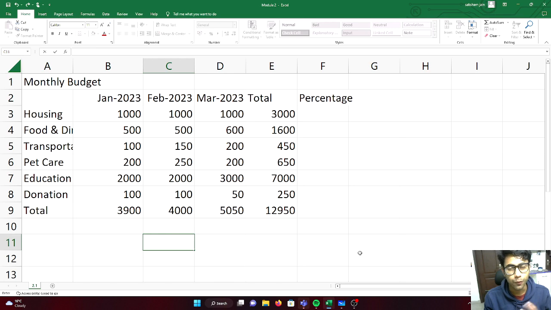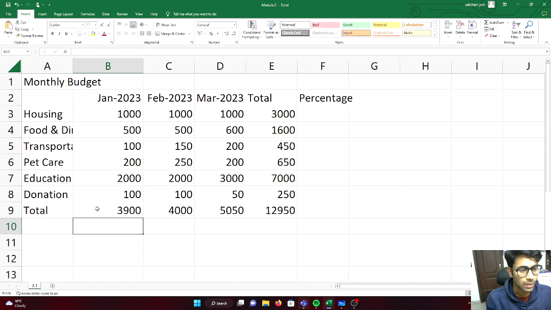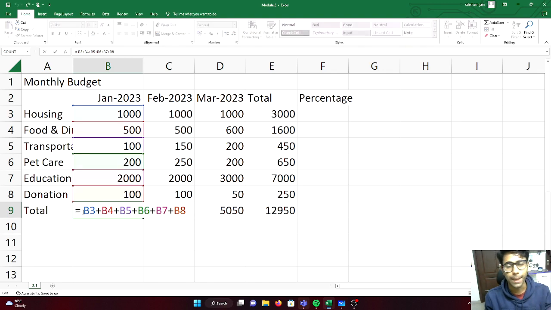Now let us understand what relative cell referencing is. Earlier we calculated this total column, the value inside this cell, by using a basic Excel formula. First we typed the equal to sign, and then we typed the cell references of all those blocks which we wanted to add inside our total. So we wanted to add B3, B4, B5, B6, B7 and B8 in order to get the total for the month of January.